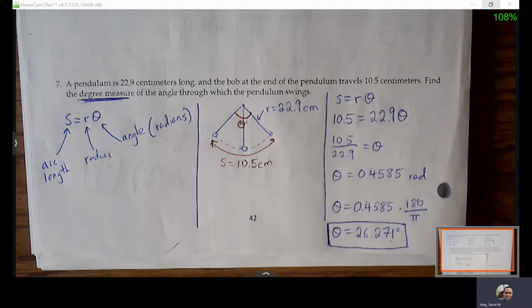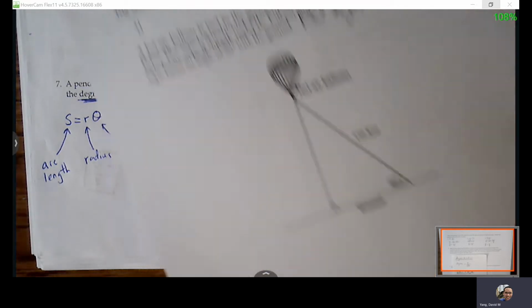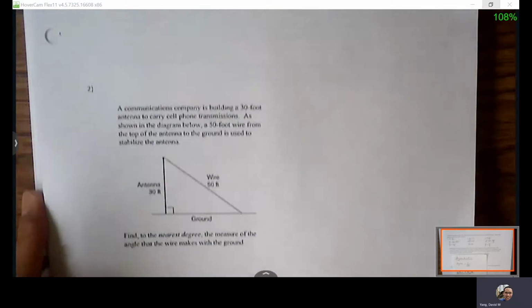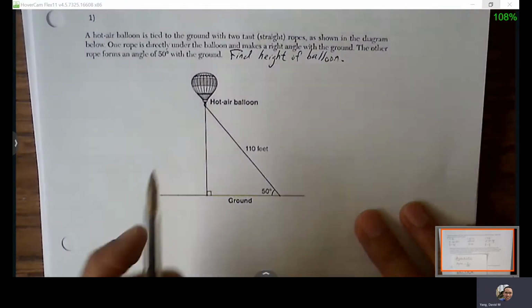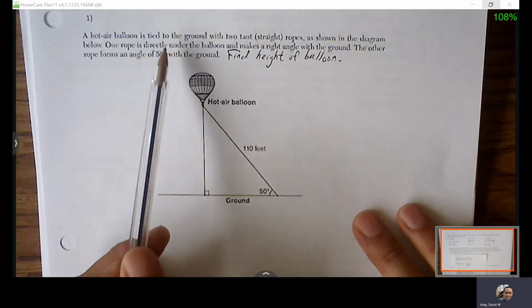Okay, I'd like for us to get a little bit more practice involving right triangle trig. So on the worksheet that you picked up, go ahead and read number 1 and try that.